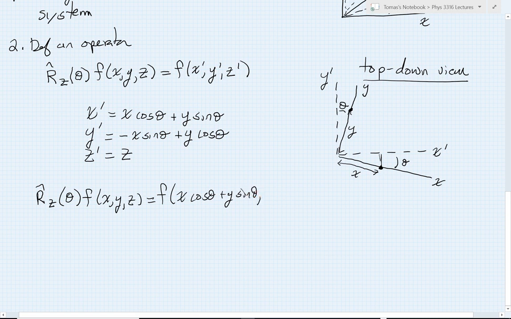And then in the second coordinate, it will become y cosine theta minus x times sine theta, comma, then z. Now, this would give me the answer for a general angle theta.